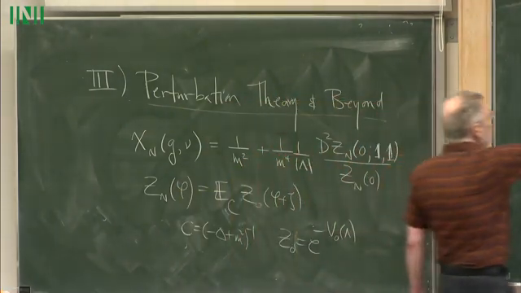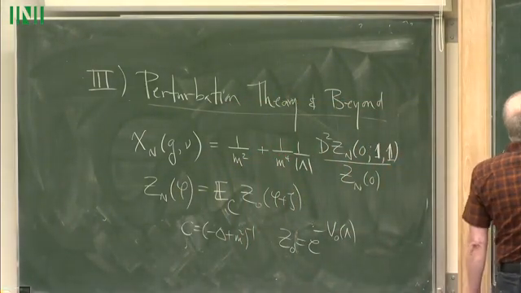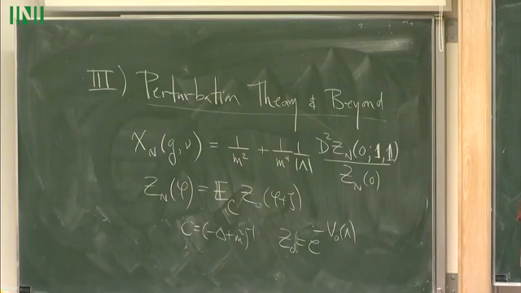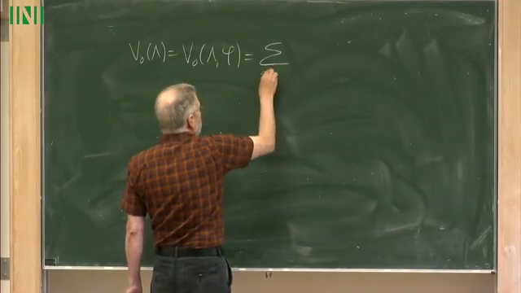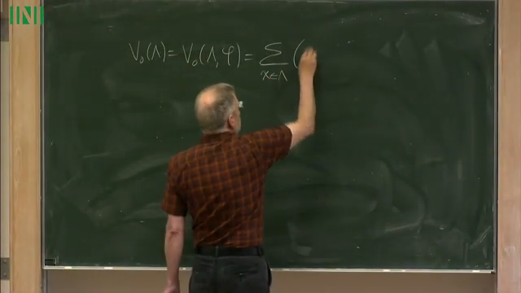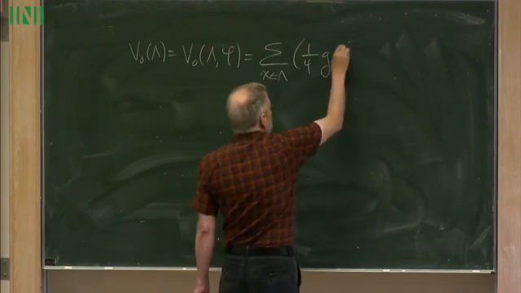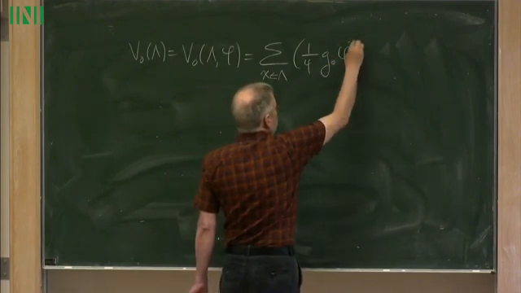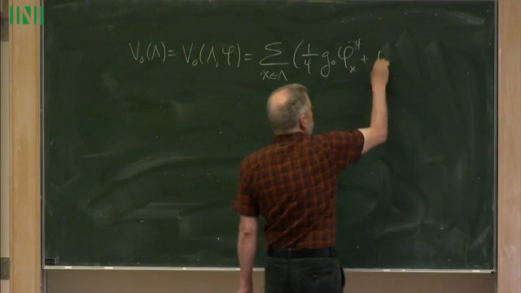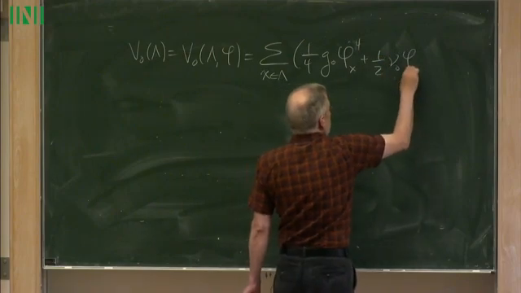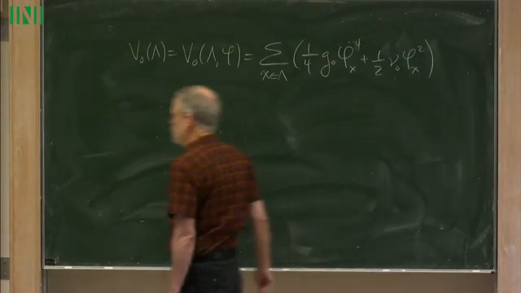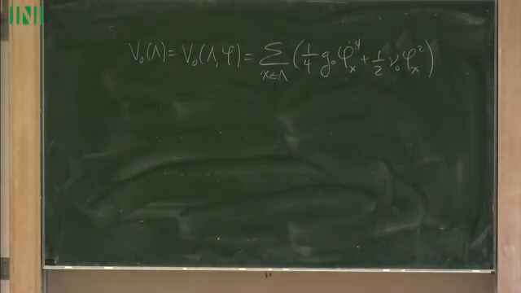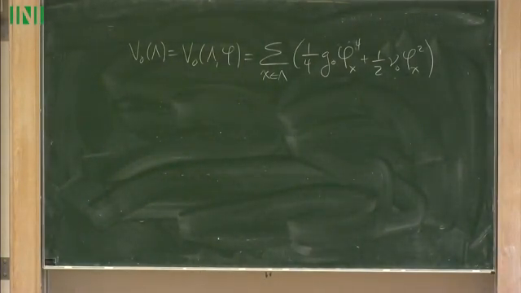And v0 of lambda is a function of the field, and it's the sum over all x in lambda of 1/4 g naught phi x to the fourth plus 1/2 nu naught phi x squared. And this g is g naught, and this nu is nu naught plus m squared.